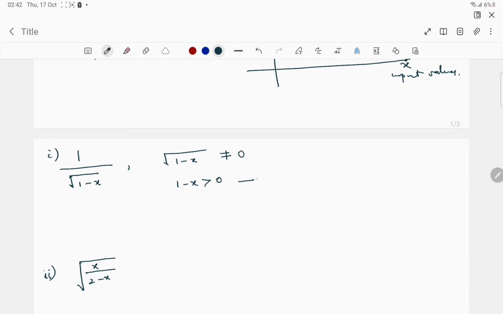So this implies that x is less than 1, which means our domain can be written as x is less than 1, or x is an element of minus infinity up to 1.